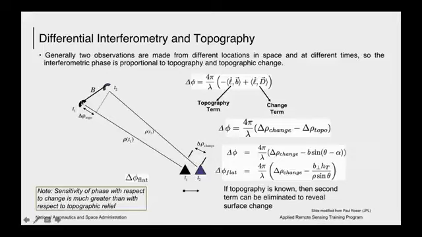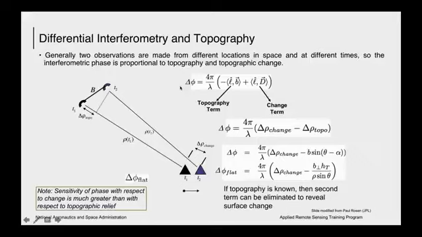So in this case, we have the range at time t1 from this antenna location, and then at a different time the antenna comes back to a different location, has a distance of b, and then we have a range at time t2.